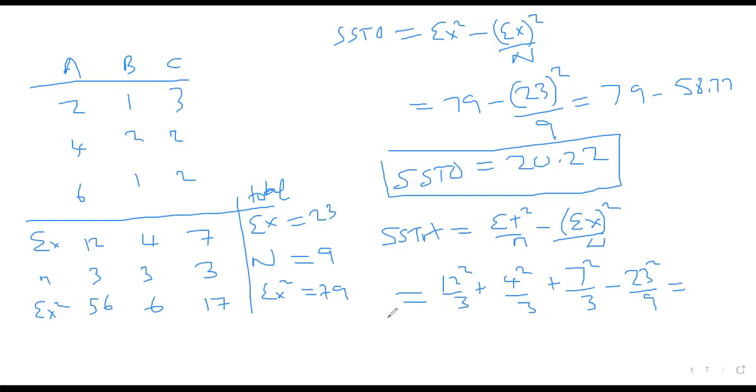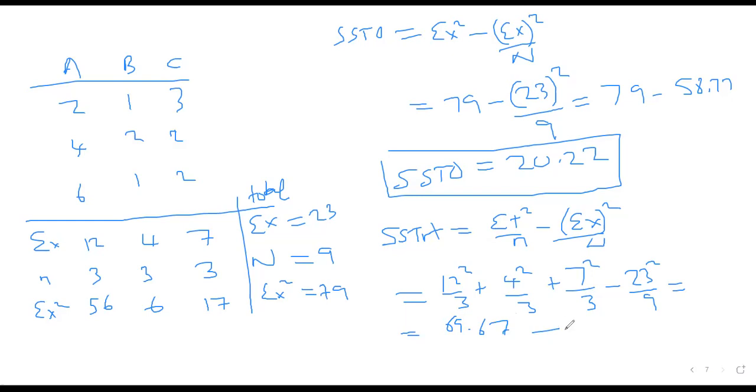The ladies were not participating. So 12 squared plus 4 squared plus 7 squared divided by 3, we are going to have what? 69.67 minus 23 squared divided by 9.